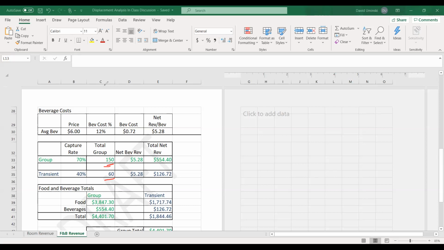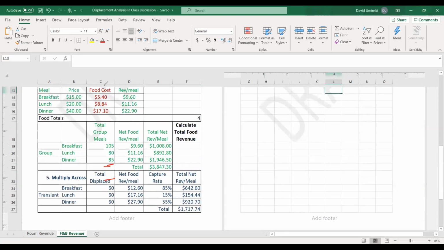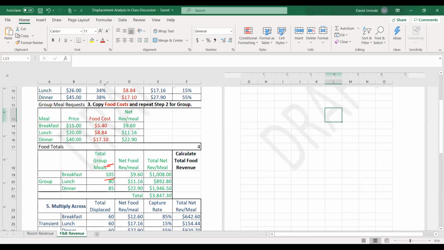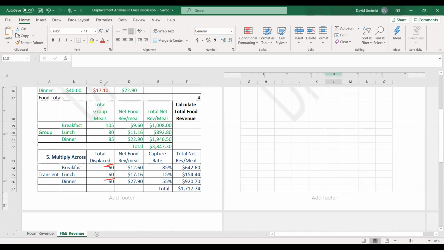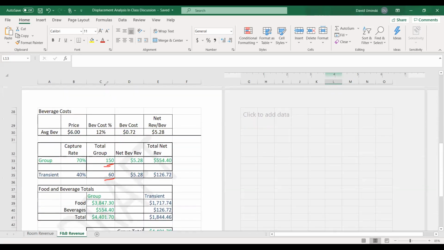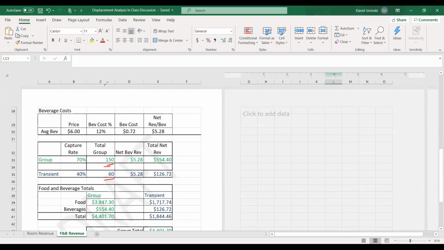Yeah, so that's a good question. The cost to make the food is already incorporated in this $27,000 because it's incorporated up here as we take out our net revenue. So the cost of the ingredients is already taken into consideration.